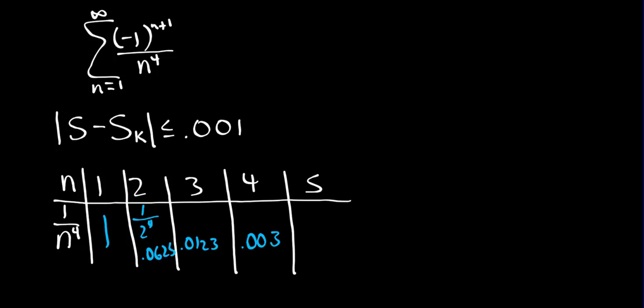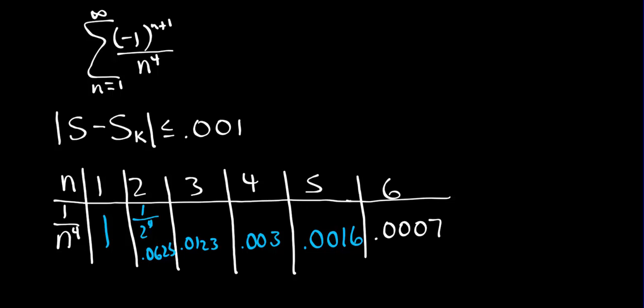Now remember, we want 0.001. So if I put in a 5, it looks like that might do it. I'm just punching these into my calculator. Well, I'm not there yet, because I want 0.001 and this is not quite there. So let me try 6. 1 over 6 to the fourth. Ah, that does it, because I've got 0.0007. That's less than 0.001.